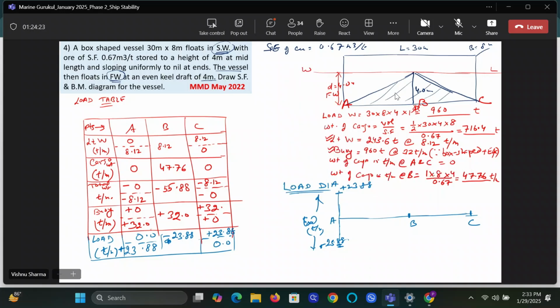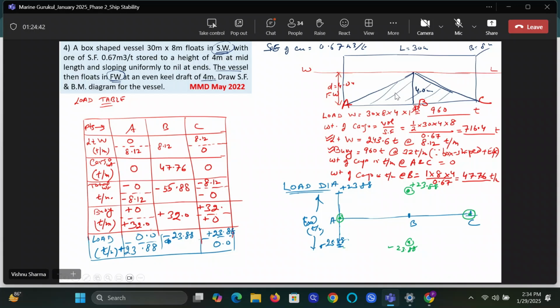Now, first I mark the points. It's 0 here. It's plus 23.88. And then it comes down to minus 23.88. And 0.